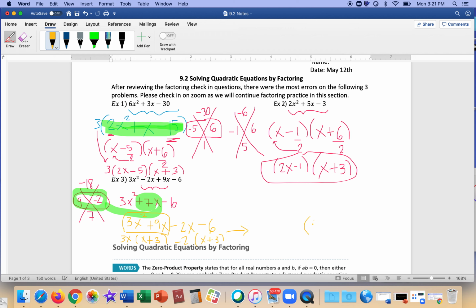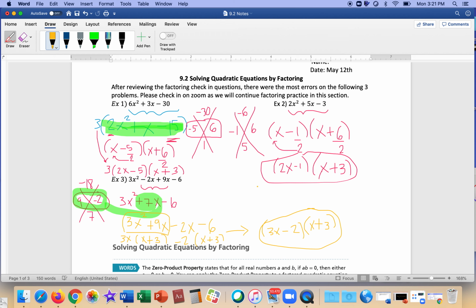So we write x plus 3 one time. And the terms that are left are the 3x and the minus 2. So we have 3x minus 2. So that's factor by grouping, okay? For all of these problems, you can do factor by grouping. And if I FOIL, if I distribute, I would get 3x squared plus 7x minus 6.